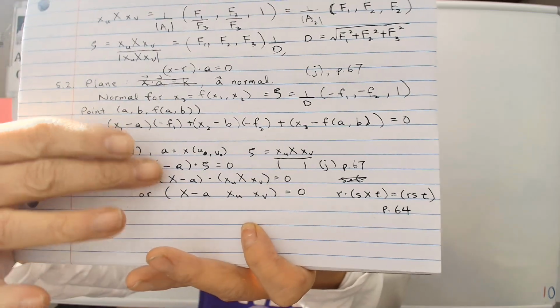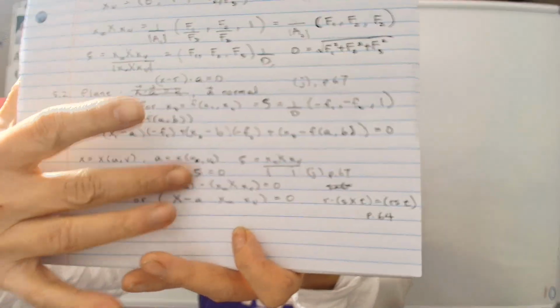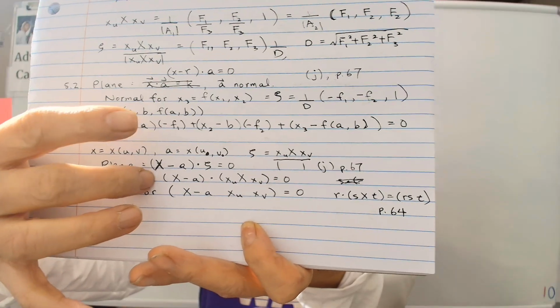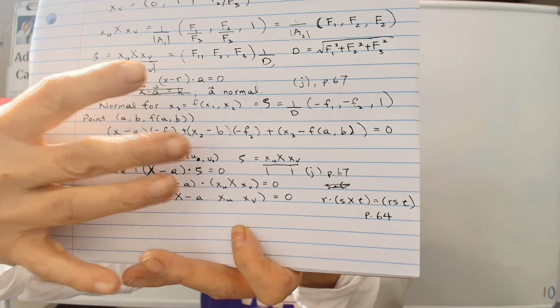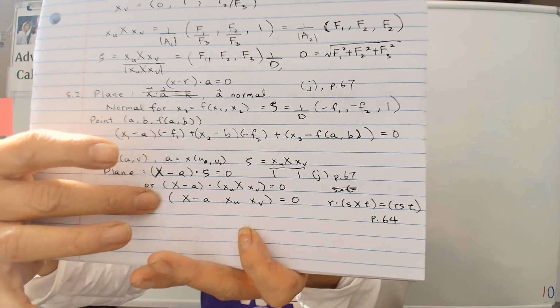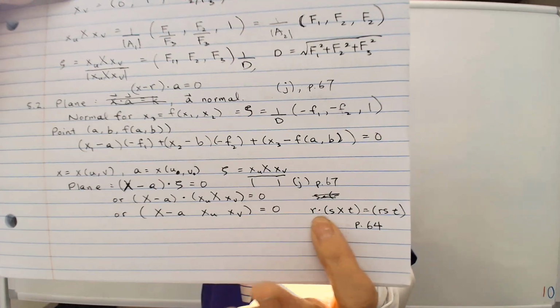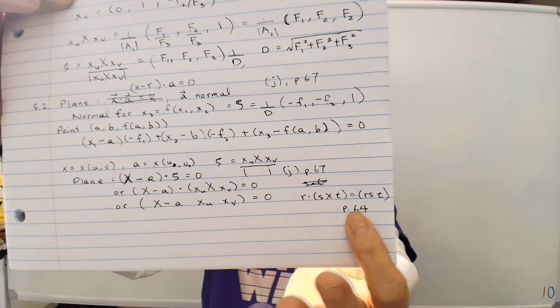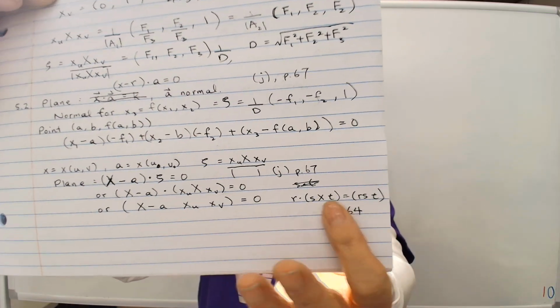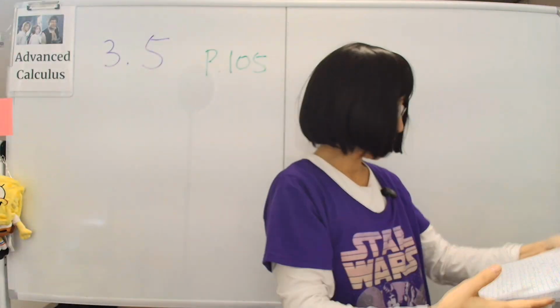But the normal is equal to xu cross xv, right? So in other words, we have (x - a) · (xu × xv) = 0. That is another way of saying the determinant is equal to 0, because that was given when you have r · (s × t), which is the same as the determinant of r, s, t written out. So that's what we mean by here, and that's how we got that.